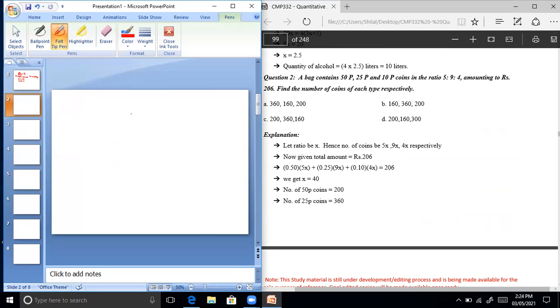Let the common ratio be x, hence the number of coins will be 5x, 9x and 4x.